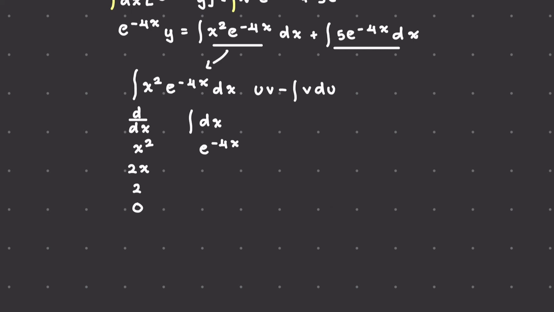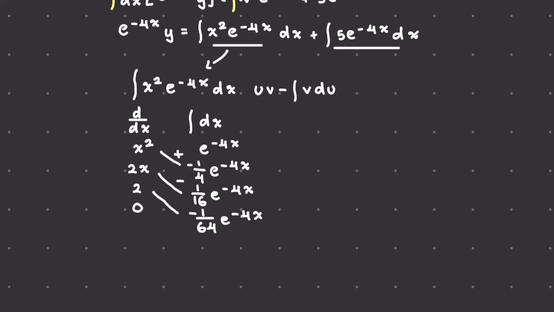And so let's move on with our right hand side. Let's integrate this one. This will become negative 1 over 4 e to the power of negative 4x. One more time, we will get 1 over 16 e to the negative 4x, and one more time we will get negative 1 over 64 e to the negative 4x. And for the signs, plus, minus, and plus.